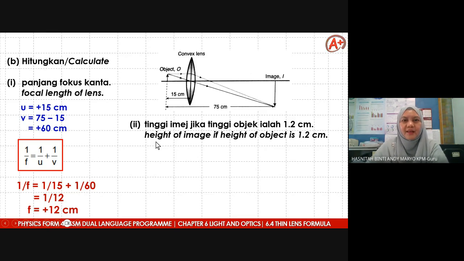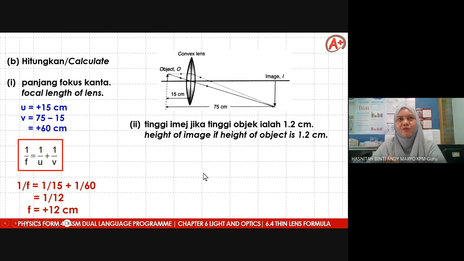Then the second question, find the height of the image if the height of the object is 1.2 centimeter. If you remember, this is what we discussed in the previous lesson involving linear magnification. We are looking for the height of the image, and given the height of the object is 1.2.